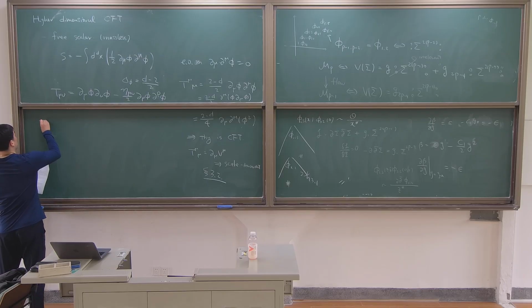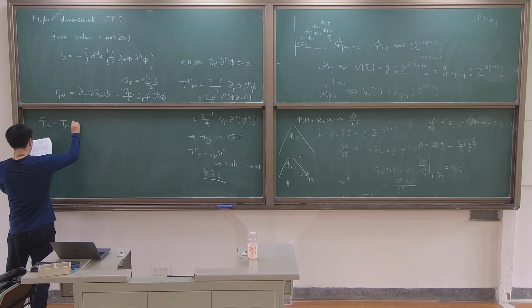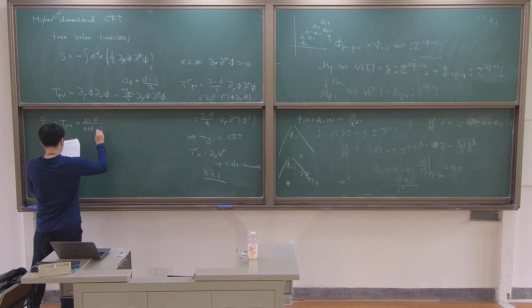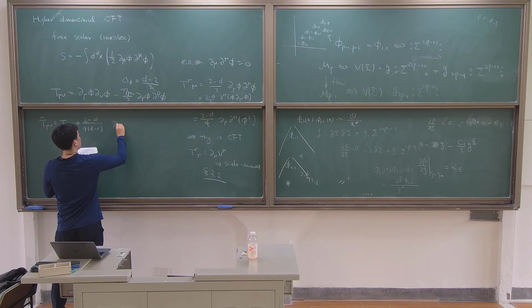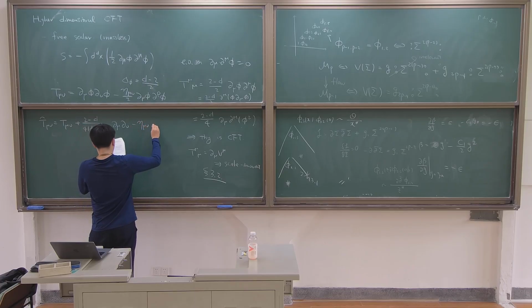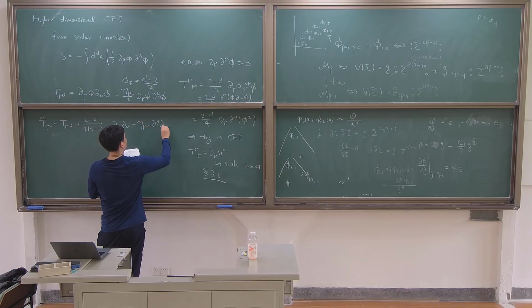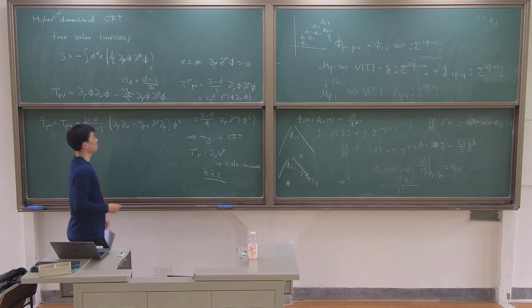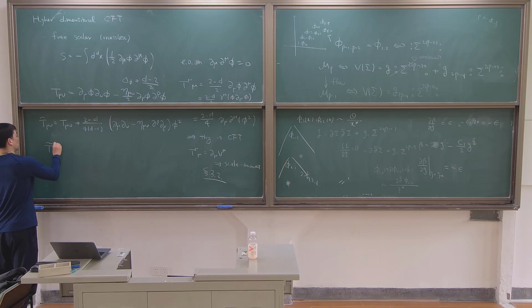Moreover, you can just make it traceless by adding some appropriate operator, 2 minus d over 4 times (d minus 1), and then partial mu partial mu. Okay, if you add this one, you can check that this T trace is equal to 0.